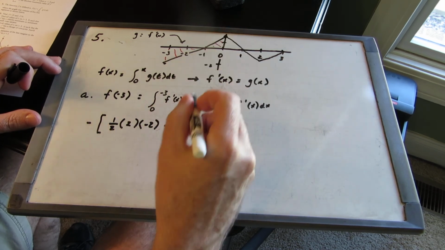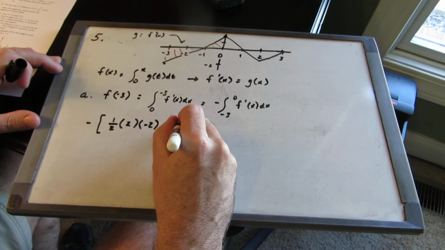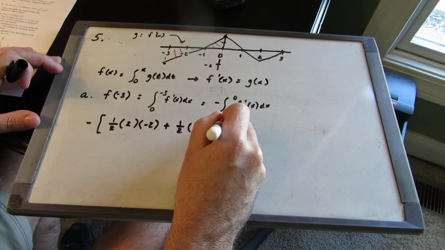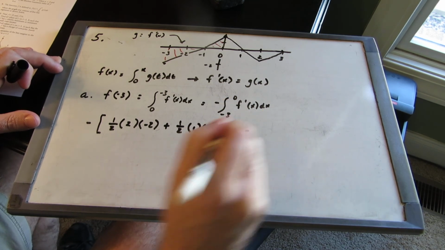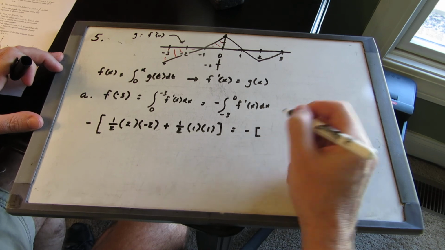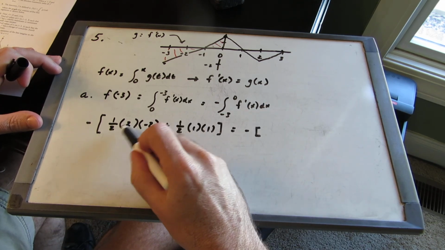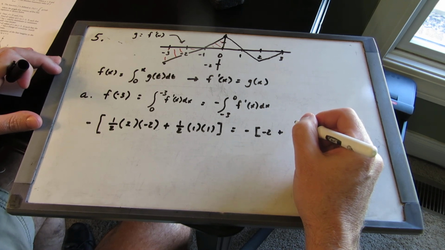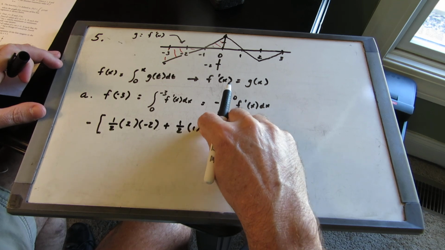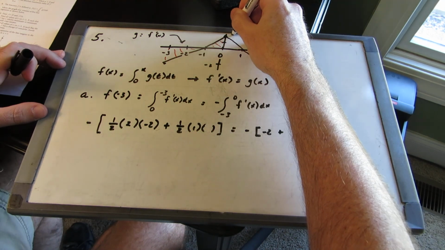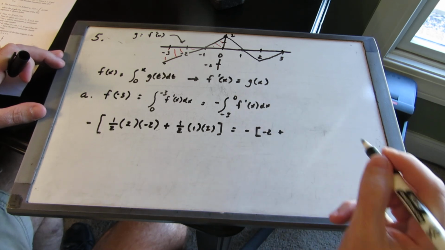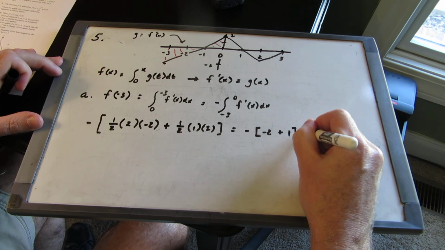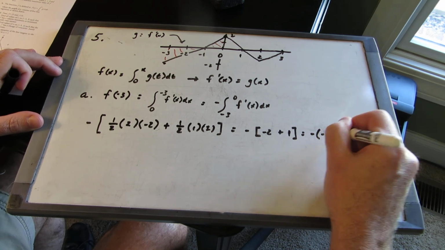Plus the second triangle, which is above the x-axis. That'd be 1/2 times the base of 1 times the height of 2. I'll give you a chance to fix that real quick. So negative 2 plus 1 is negative 1, which with the negative out front is 1.